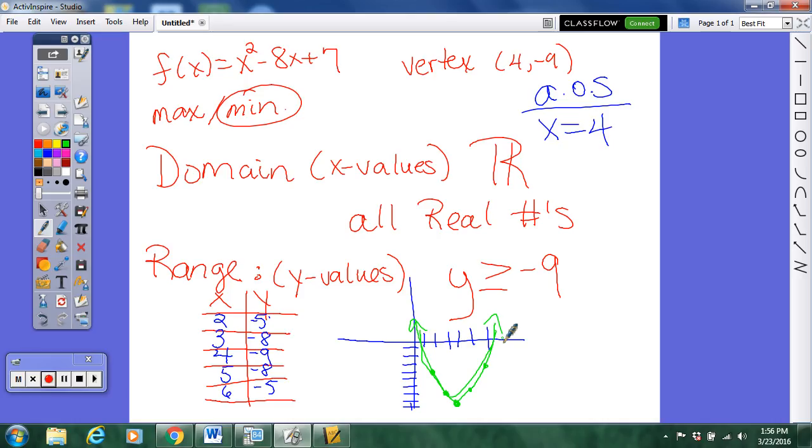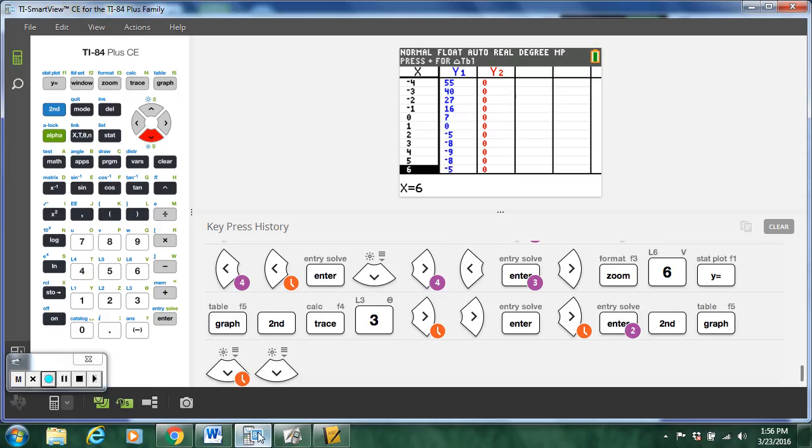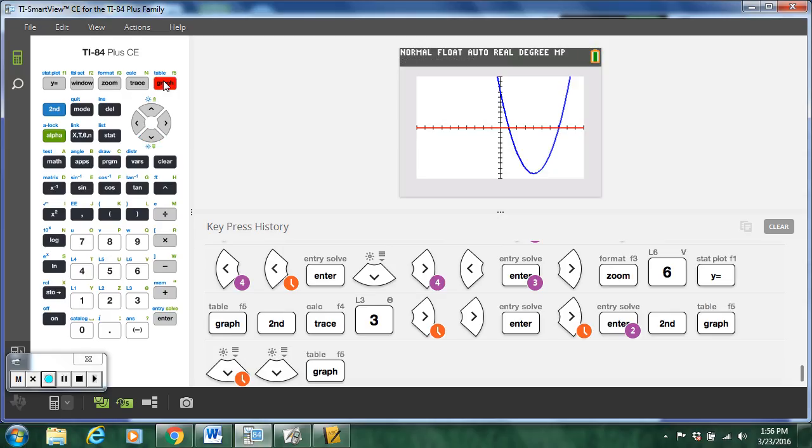Now, the only thing we have not done are the x-intercepts and the y-intercepts. So at the x-intercept, remember we called those roots, zeros, solutions, x-intercepts. They all mean the same thing, but where does it cross the x-axis? And most of these you can kind of look at the graph and tell.